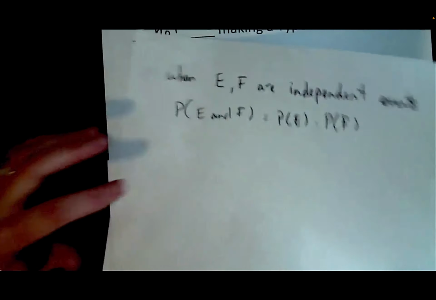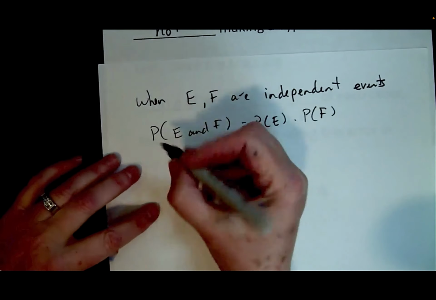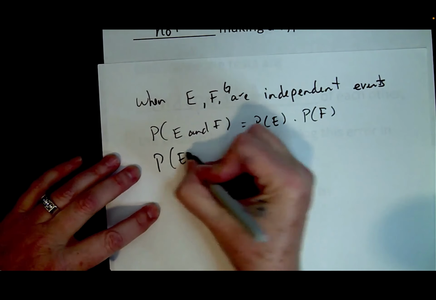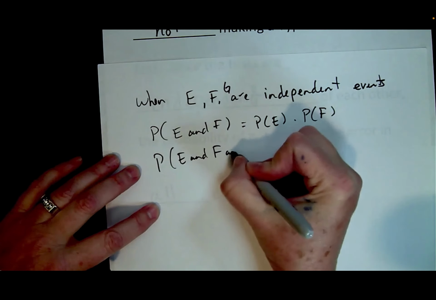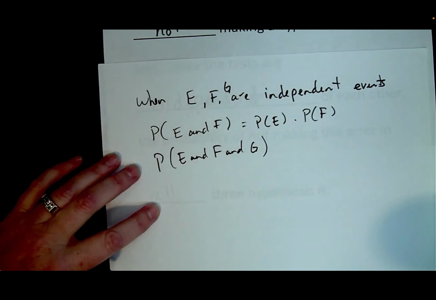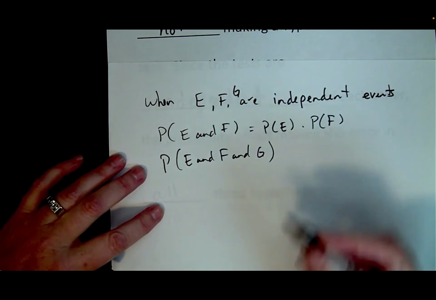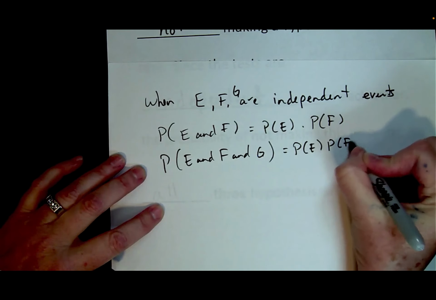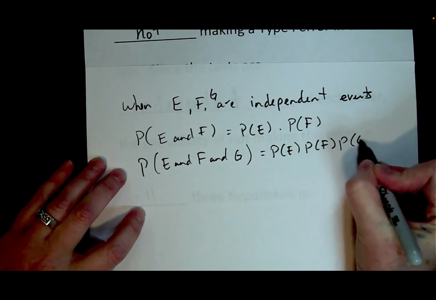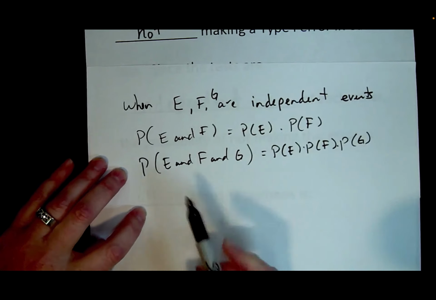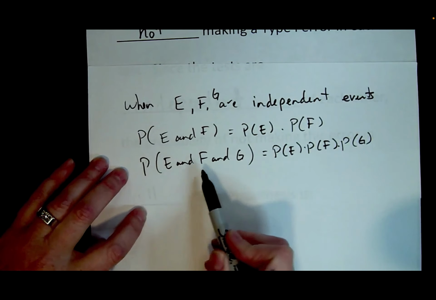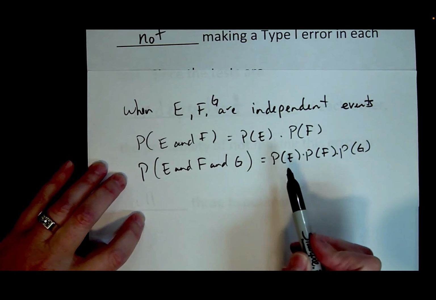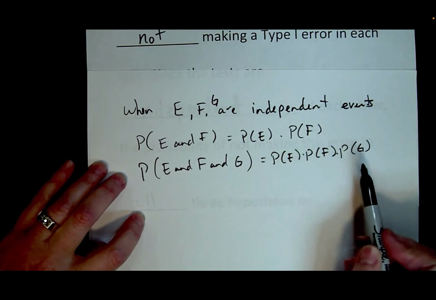Okay, so you can extend that to as many events as you want. And let me just go ahead and write down what this would look like for 3 events, because that's what we have in this case. Each hypothesis test is going to be one of our events. So the probability of having something happen for all 3 hypothesis tests, since they're independent, is the product of the probabilities of each one happening.